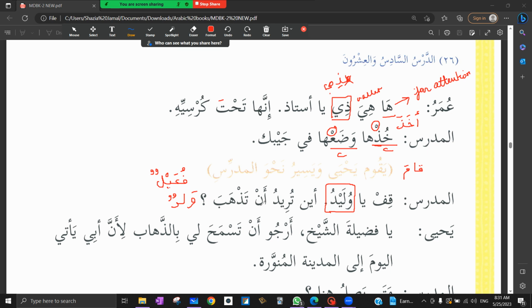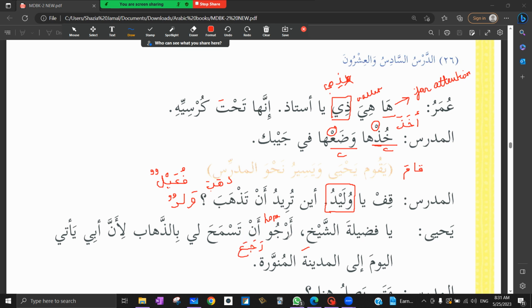أين تريد أن تذهب? Where do you want to go? تريد from أراد and تذهب from ذهب. Yahya says, Ya Fadilat Shaykh, arju, I hope. Arju comes from raja'a.